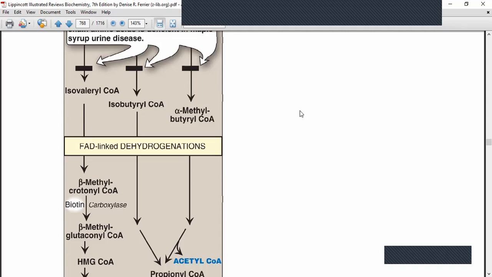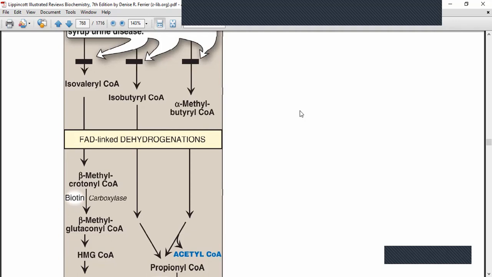After forming the acyl CoAs, we carry out dehydrogenation catalyzed by acyl CoA dehydrogenase enzyme. Acyl CoA dehydrogenase enzyme is FAD linked. Always remember that it is FAD linked. And remember, when FAD goes to the electron transport chain, it will yield two ATPs.